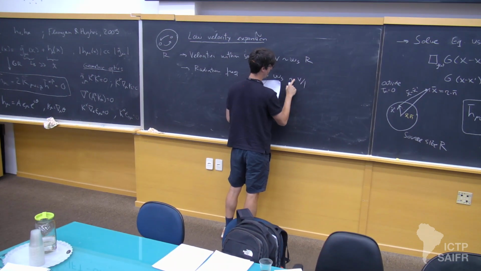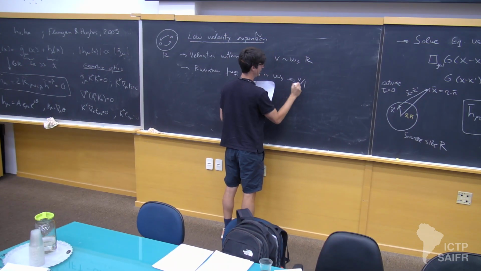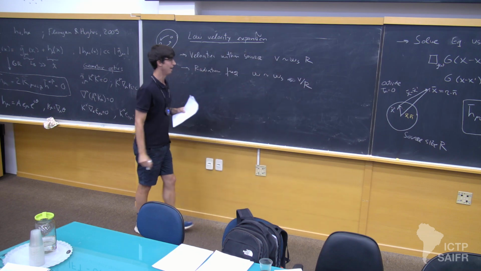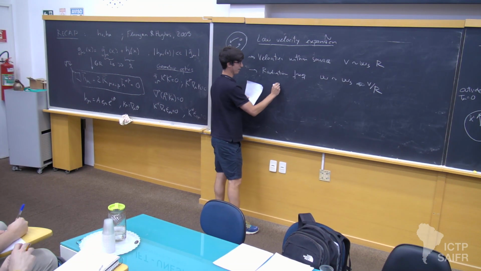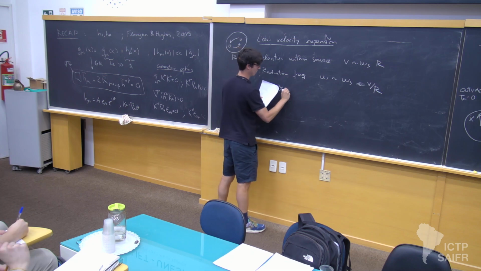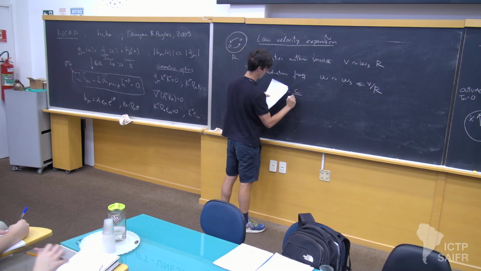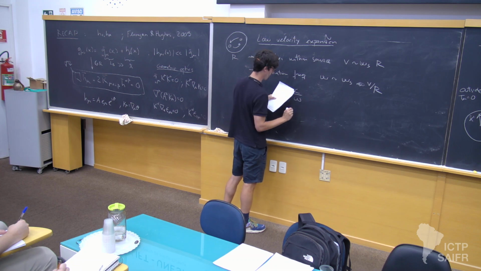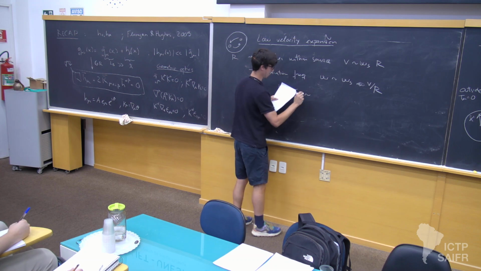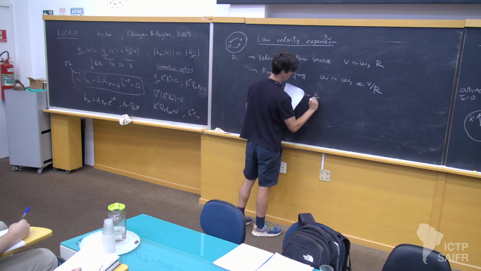And this is proportional to v over R. So from here, we have that the reduced wavelength, which is just c over omega, is going to be proportional to c over v times R.